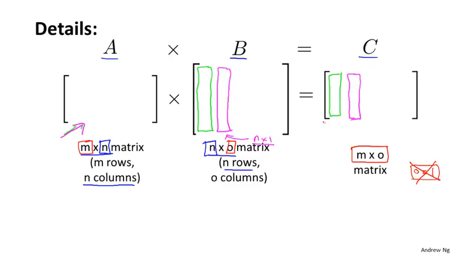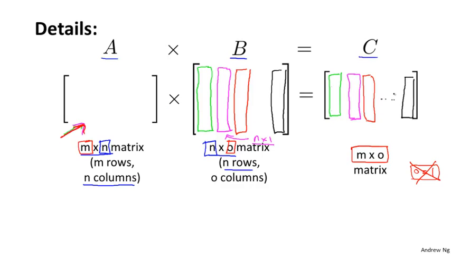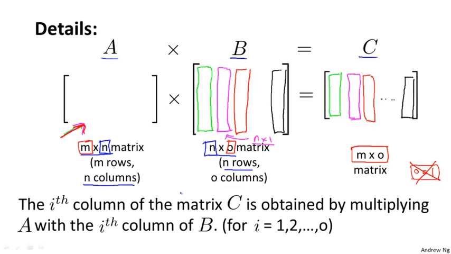Then I'm going to take the third column, multiply it by this matrix, get an m-dimensional vector, and so on, until you get to the last column: the matrix times the last column gives you the last column of C. Just to say that again, the ith column of the matrix C is obtained by taking the matrix A and multiplying it with the ith column of the matrix B, for values of i equals 1 up through o.